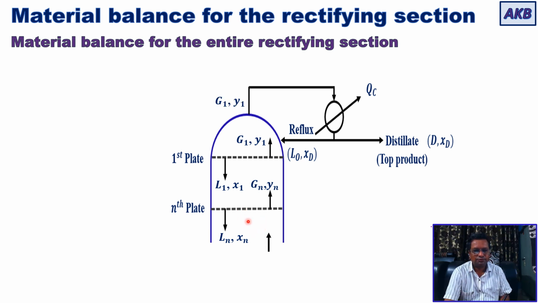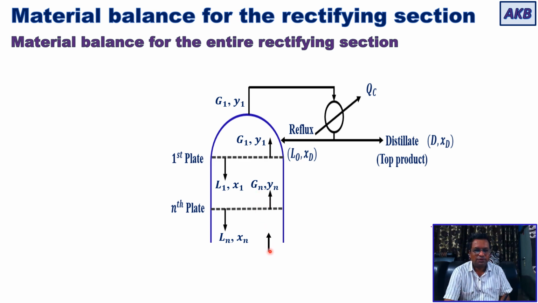Okay, now if you just look at tray number n, you have two streams associated with it. One is the liquid stream that is leaving it at a flow rate of Ln, then the other one is the vapor phase that is leaving it at a flow rate of Gn.